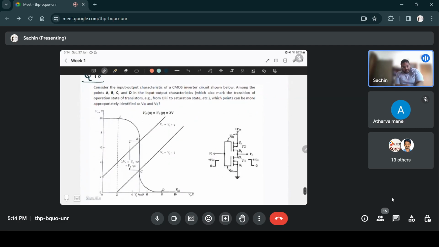Okay, this is the final question. Consider the input-output characteristic of a CMOS inverter circuit shown below. Among the points A, B, C, and D in the input-output characteristics, which also mark the transition of operation state of transistors, which points can be more appropriately identified as VIH and VIL?